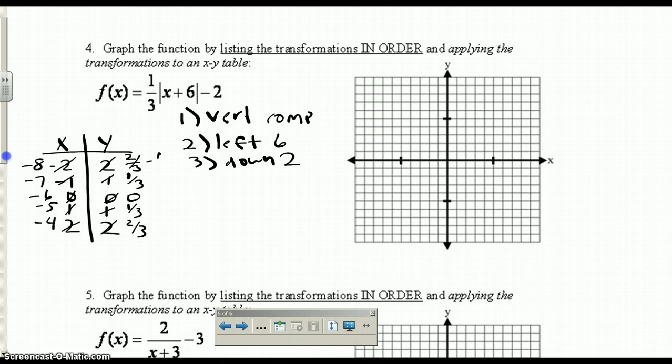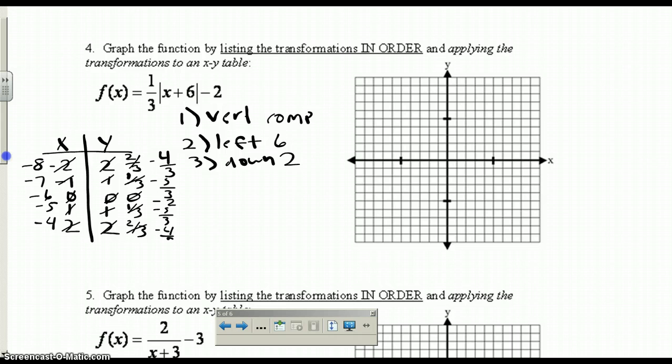So I'm going to get, it's not -4/6, -4/3. -5/3. And then -2. And we're going to get -5/3 again.